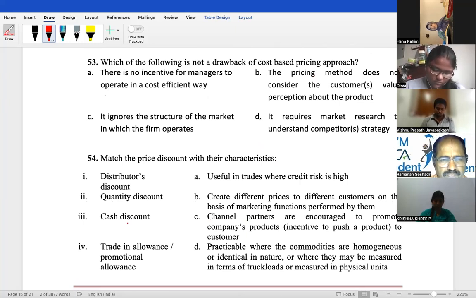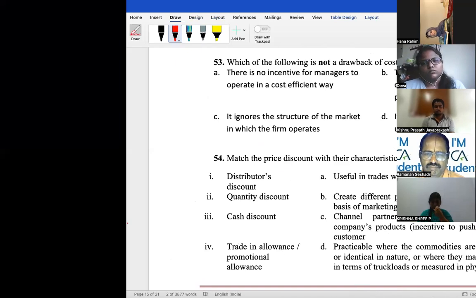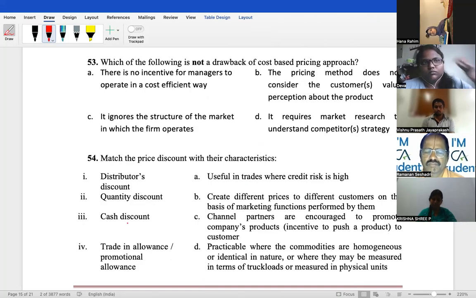Next. Which of the following is not a drawback of cost-based pricing approach? Option A, there is no incentive for managers to operate in a cost-efficient way. B, the pricing method does not consider the customer's value perception about the product.